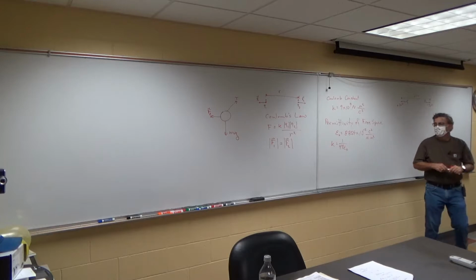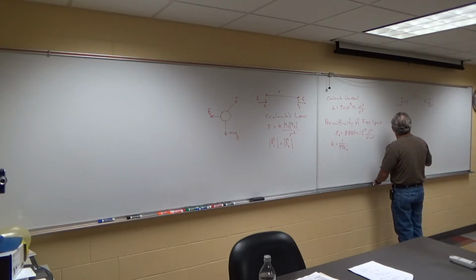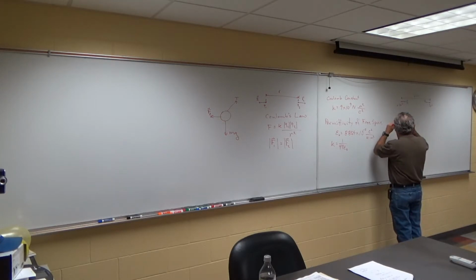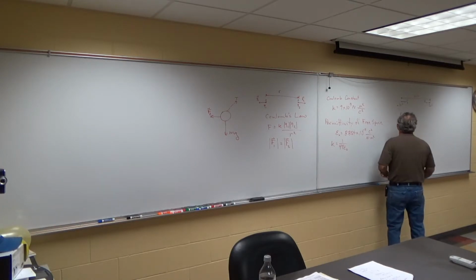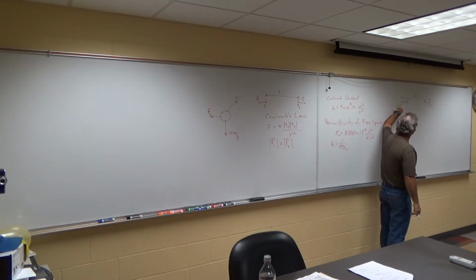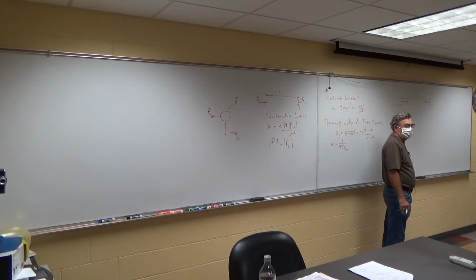So let's find the magnitude of these forces. This is a force pair. This is an action-reaction force. So F3 equals F5. You guys are familiar with my notation. If I do not put the little arrow over the variable, then it's just a magnitude. It's not a direction.